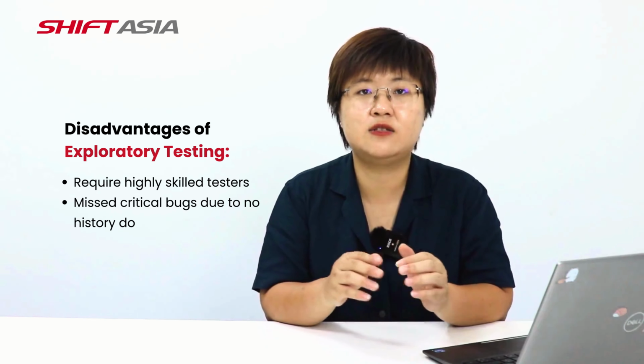As for the disadvantages, ad hoc testing can be a hassle when reproducing the bugs, as no plan and documentation are involved. Also, the results heavily depend on tester knowledge. Meanwhile, exploratory testing requires highly skilled testers, and it can also miss critical bugs as there is no documentation to refer to.